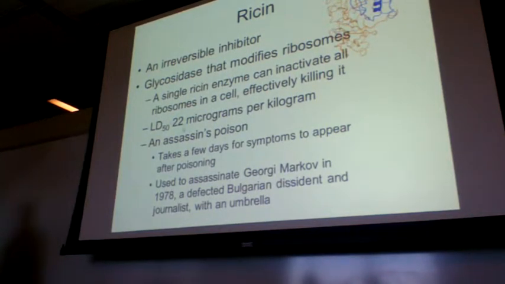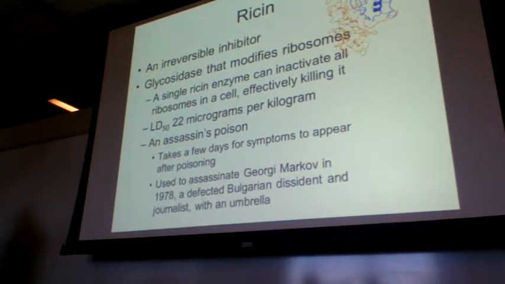So the lethal dose is 22 micrograms per kilogram, which is a pretty potent toxin, and this is an assassin's poison. The very famous one is the umbrella assassination, if you've ever heard of that one. It was supposedly the KGB, back in the Cold War, where they assassinated a defected Bulgarian dissident who was saying bad things about Russia and the KGB.